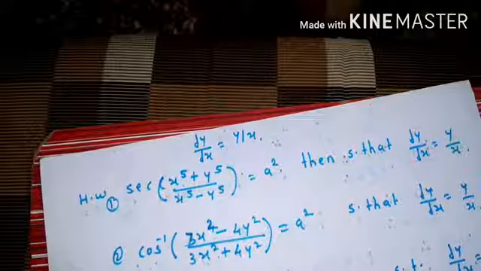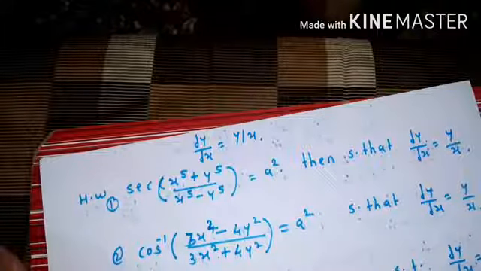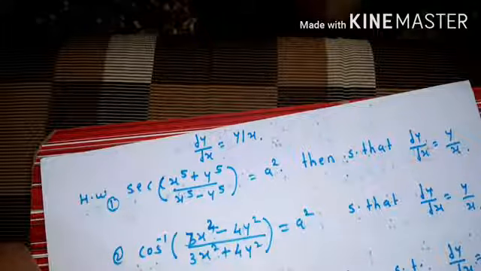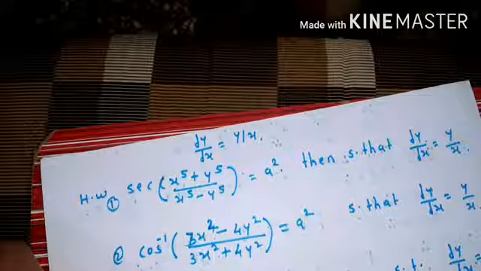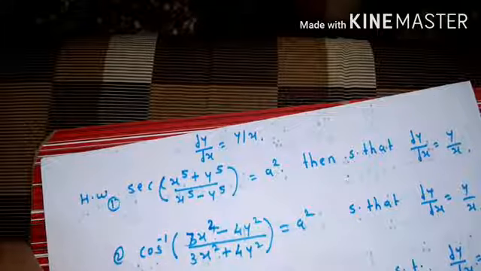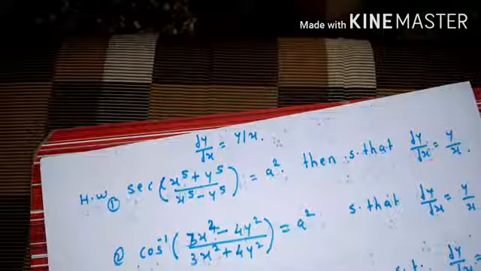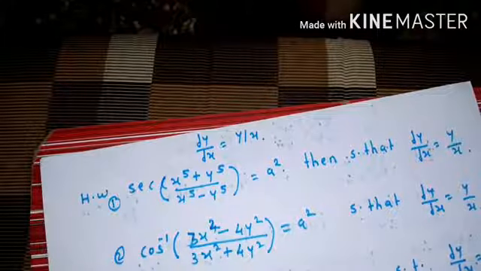Similarly, the fourth one: log of (x²⁰ − y²⁰) upon (x²⁰ + y²⁰) equal to 20. Then show that dy by dx equal to y upon x.